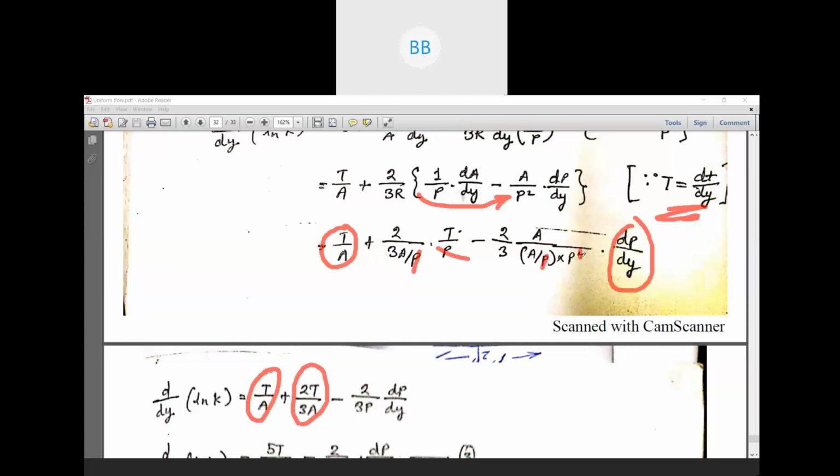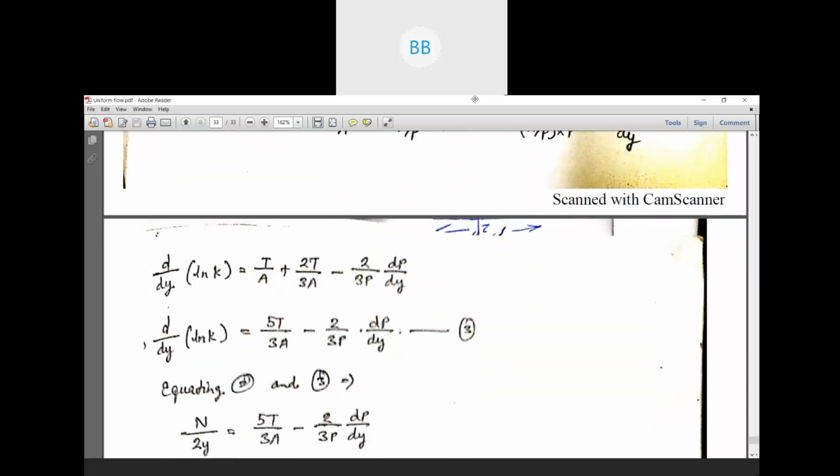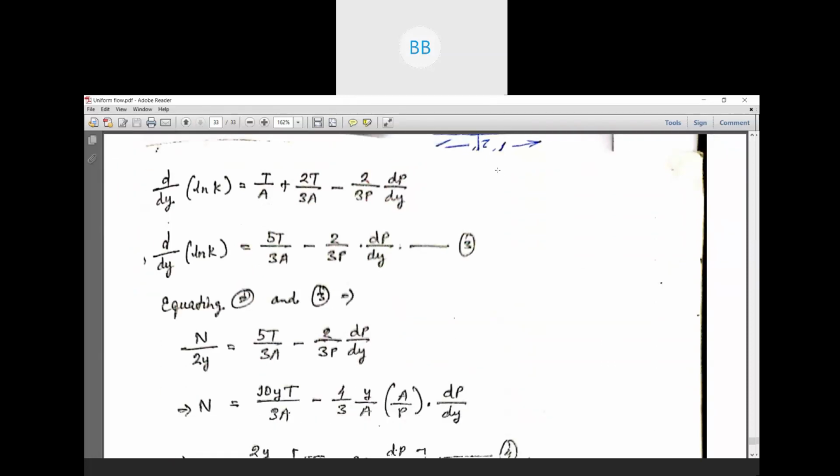This P and square will be cancelled out, so it will be 1 by P. So you can write 2 by 3P dP by dy. Then you add this to T by A, and you will get 5T by 3A minus 2 by 3P dP by dy.